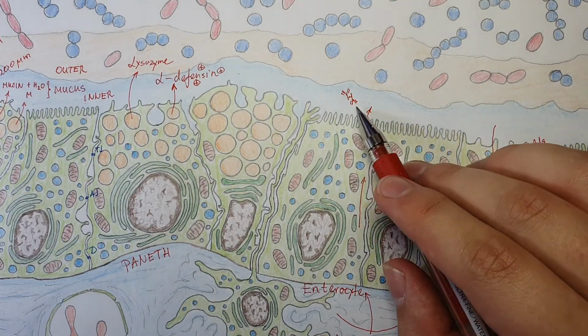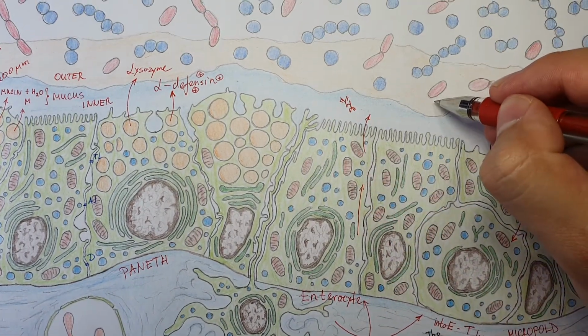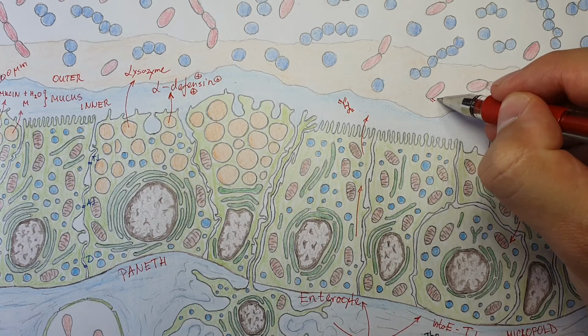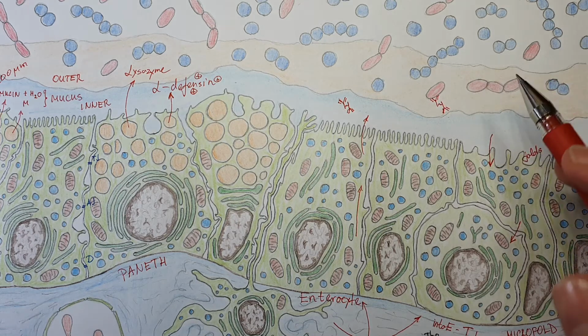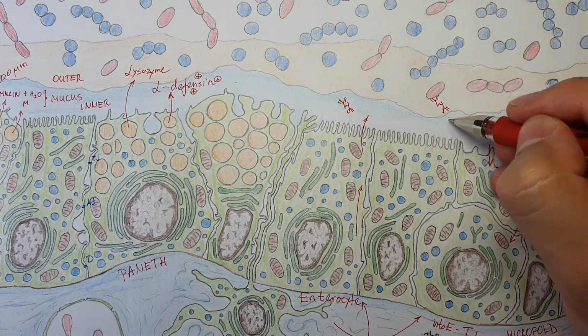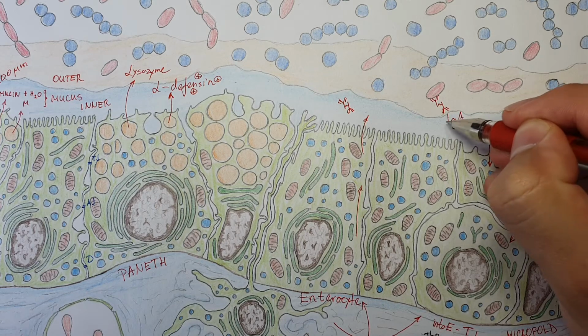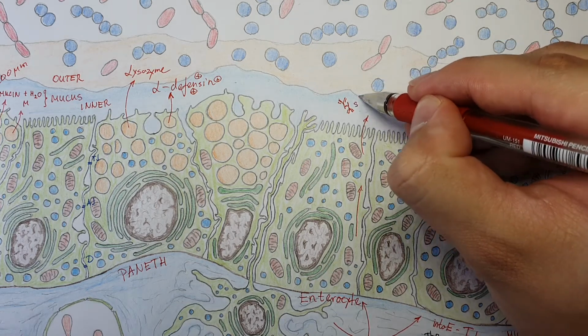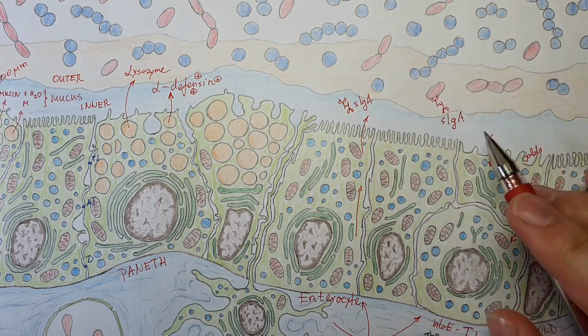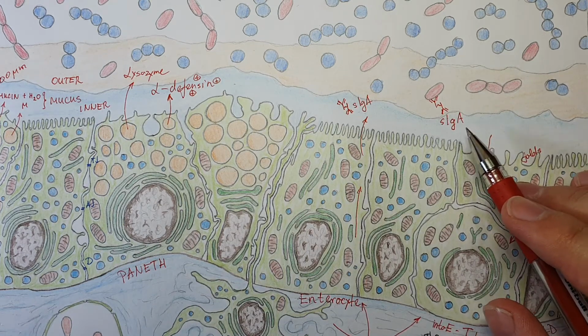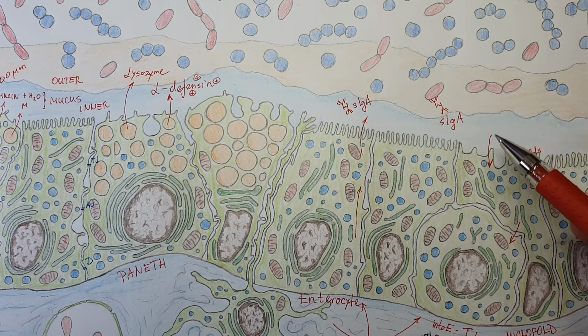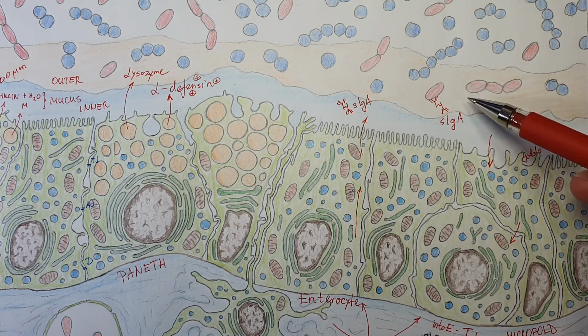Now these antibodies have the possibility to bind to these antigens present on the bacteria. What are they doing with that? These secretory IgA molecules do not have that good of a capacity to bind complement proteins.